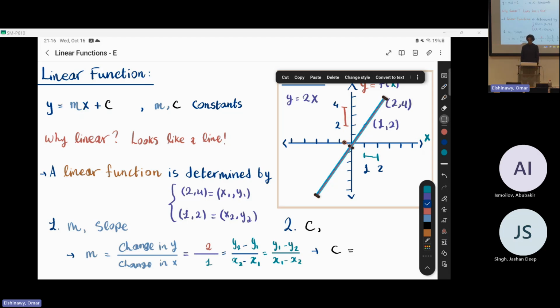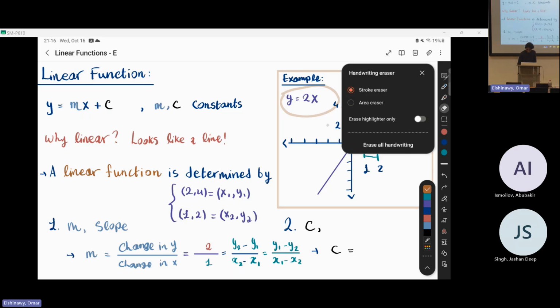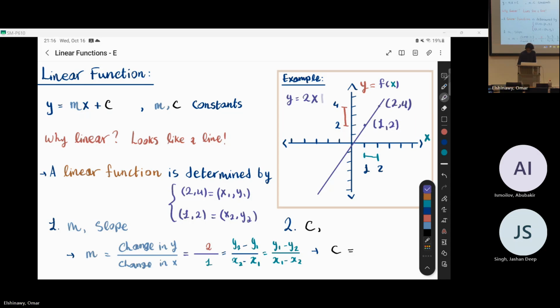But then what if I want to move it up or down? Now, I want you to notice that this is the output, right? And for example, if I add a 1 here, then my whole function just gets shifted 1 step up.